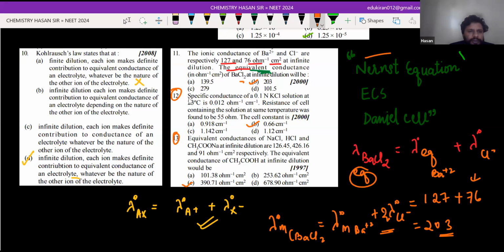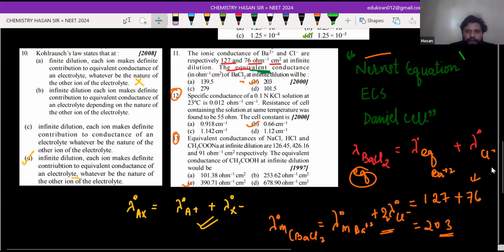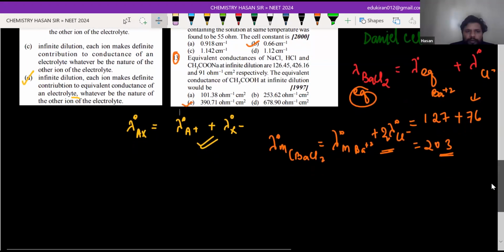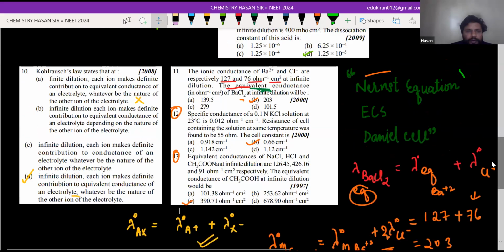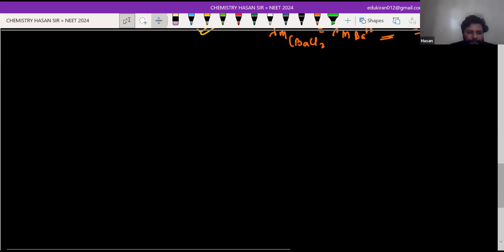Fia, are you able to see the screen now? No, sir. Is it possible to send a screenshot of this in Zoom chat only? It will be very difficult. I think your network is weak.